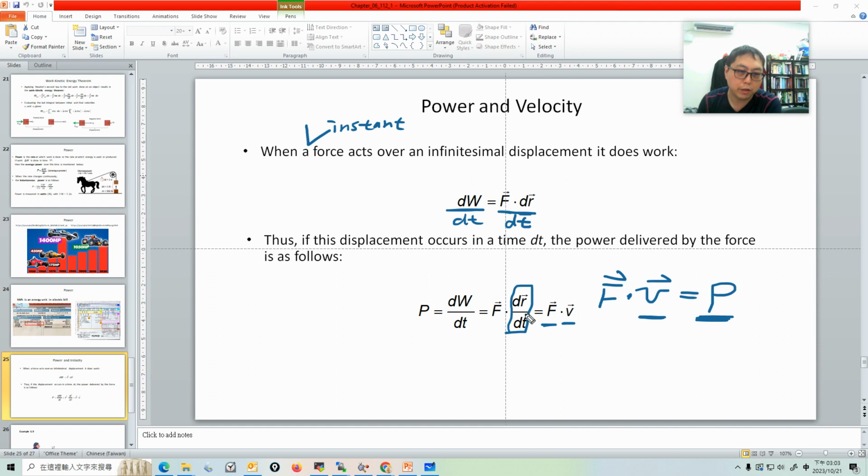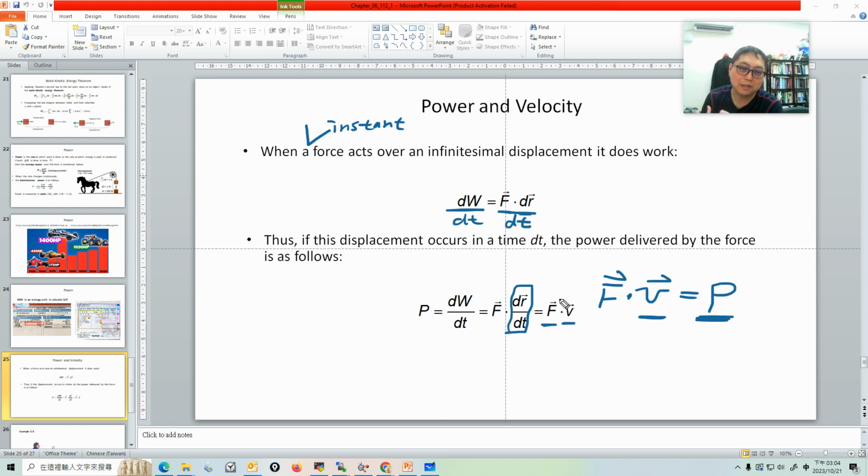You might ask why this dt is only under the dr. That's something I really cannot fully understand. Maybe if you have a better explanation, please tell me. Sometimes they use this method to do the derivation, but you will face this problem: why is dt only under the dr and not under the F?